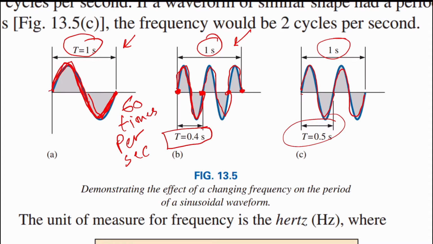So of the 3 graphs that we have here, the first one on the left side has 1 cycle in 1 second. Here we have 2.5 cycles in 1 second. Here we have 2 cycles per second.